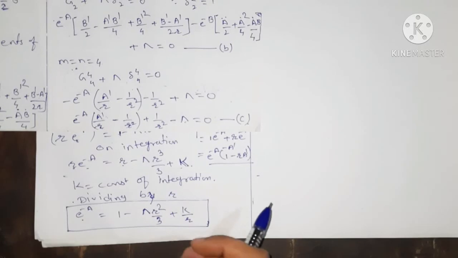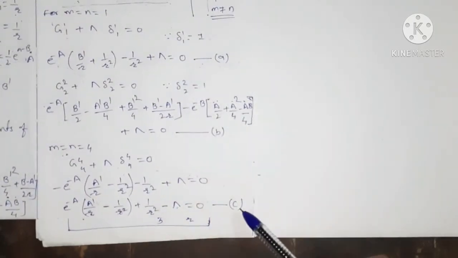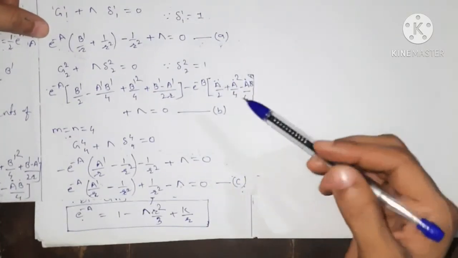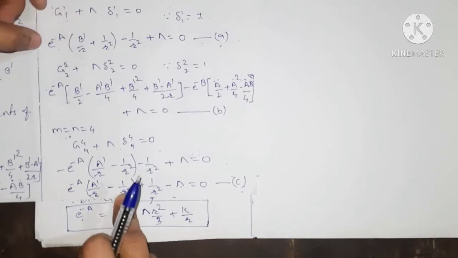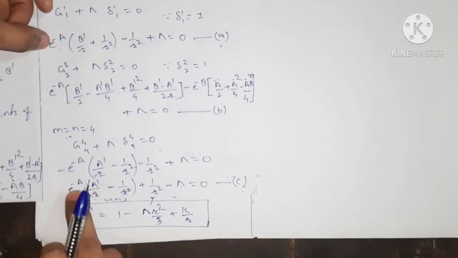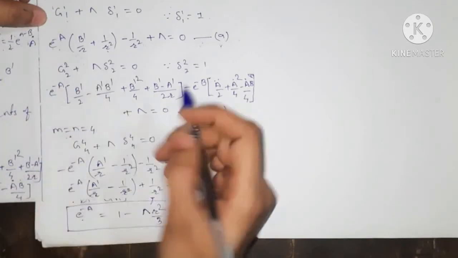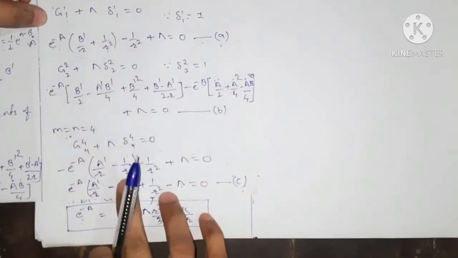Now to get the value of e to the power b, we add the terms of equations a and c. Adding a and c here, since here minus 1 upon r square is there, in the multiplication we have e to the power minus a, and here e to the power minus a plus 1 upon r square. Here it is minus sign, here it is plus sign, so this term gets cancelled after adding.